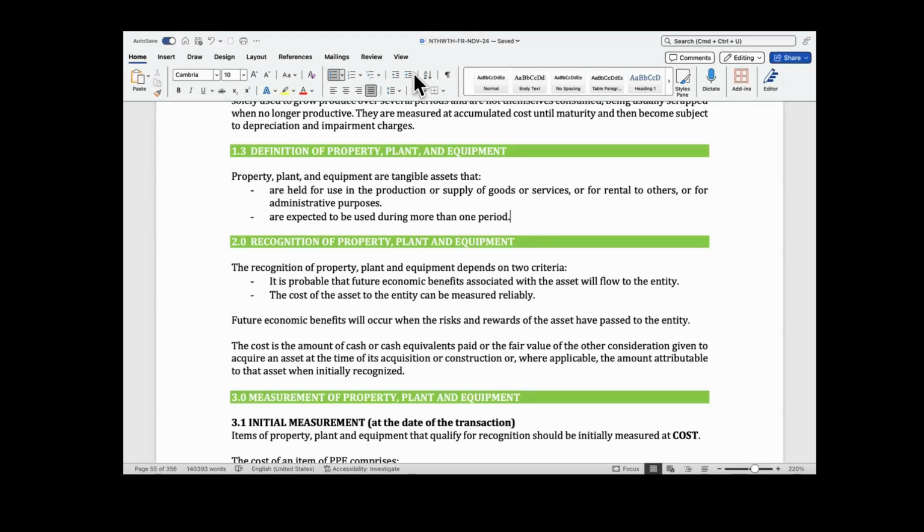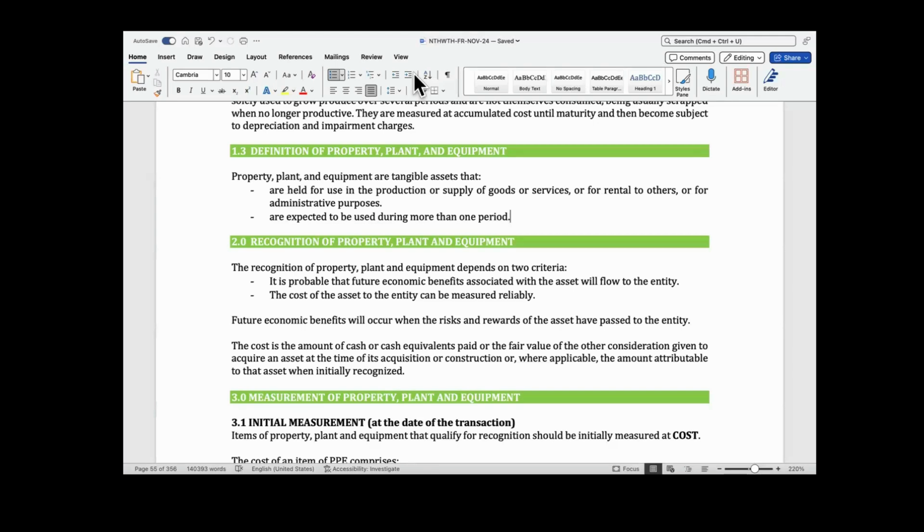And internally, as an organization, without even waiting for your auditor, you can say, okay, any item we buy that is above 5 million, we will capitalize it. Any item that is below 5 million, we will expense it. So there is no rule behind determining materiality. It's a matter of judgment.